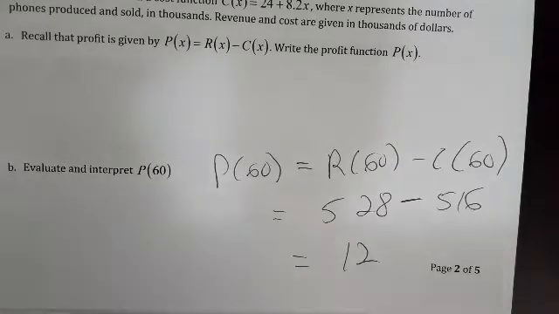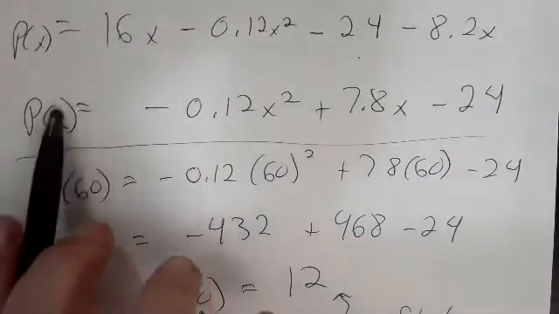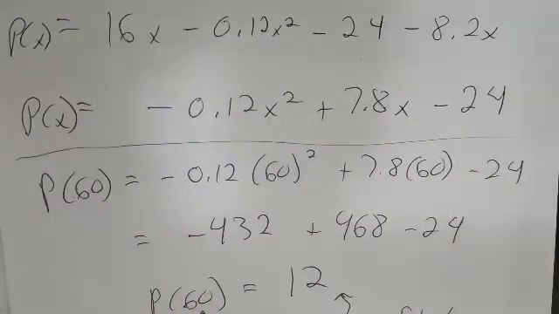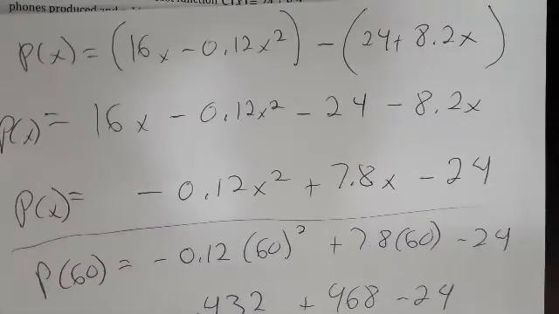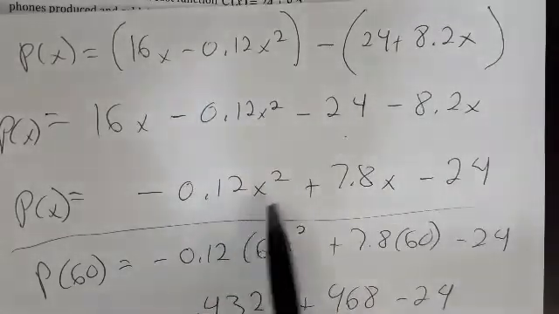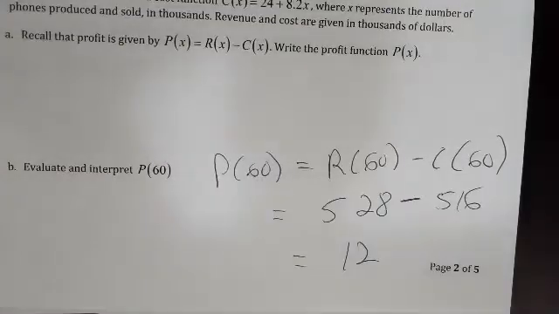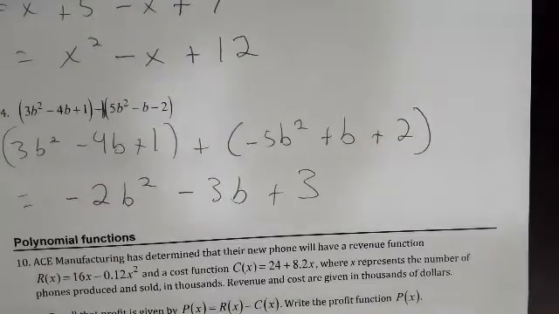Or you can do it all in one go, because we figured out what P of X was symbolically, right? We did it symbolically. So that's kind of like plugging it in here versus plugging it in here, right? It's the same formula, so it shouldn't matter. Okay.